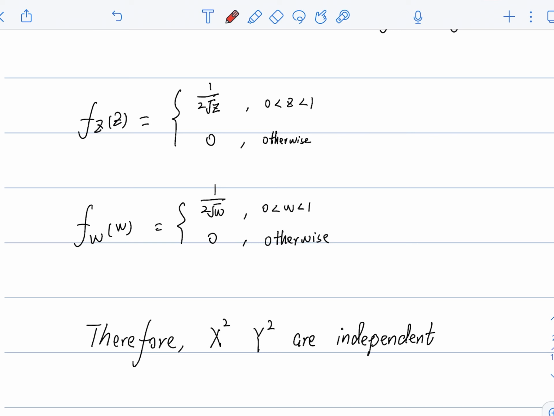The fifth sub-question asks us to prove or disprove that X squared and Y squared are independent.